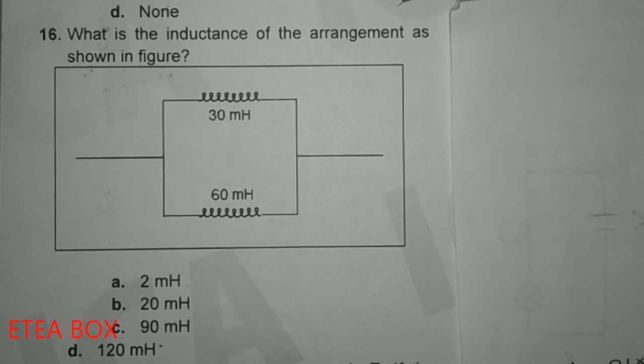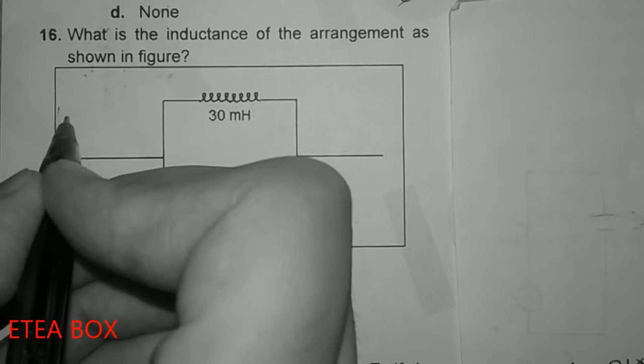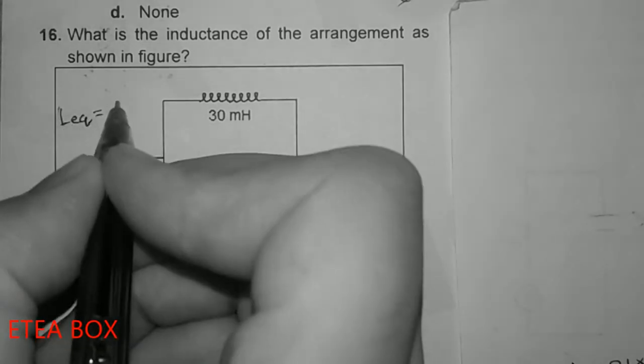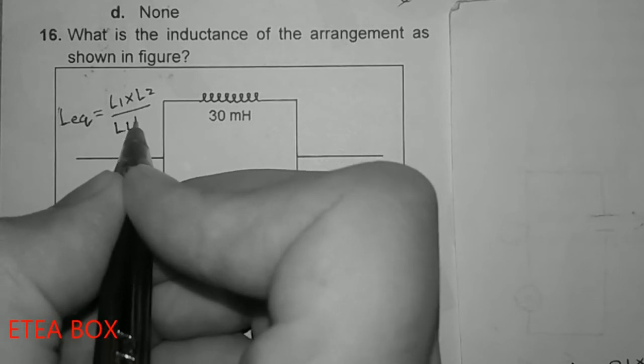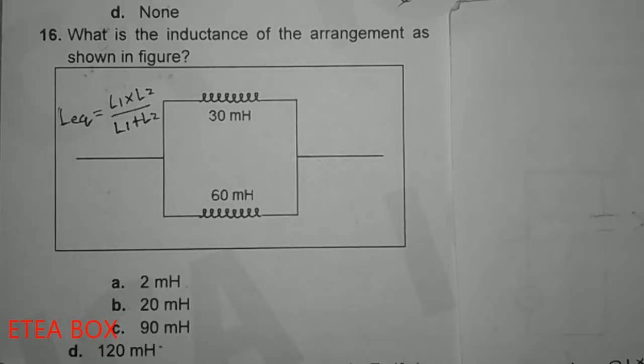What is the inductance of the arrangement as shown in the figure? Now look at here, the arrangement is parallel, okay, these two inductors are in parallel combination, so the formula is L equivalent is equal to L1 multiplied by L2 divided by L1 plus L2, okay, this one is the formula.